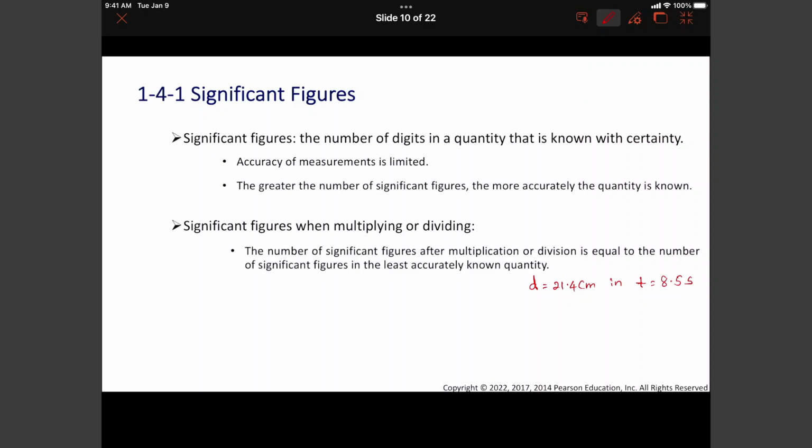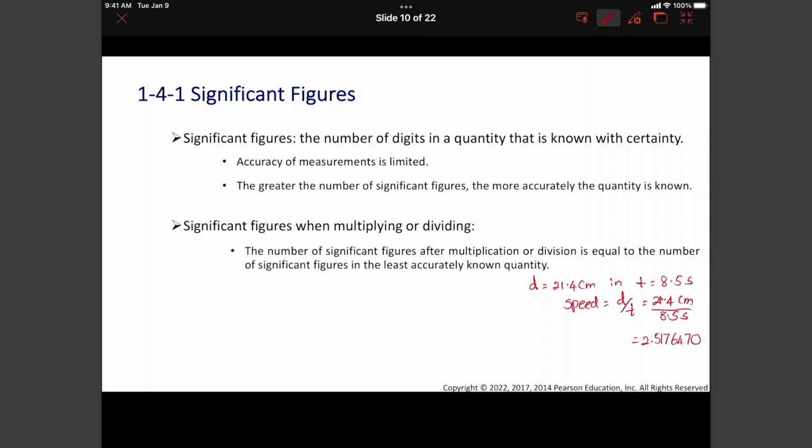So the speed is distance over time. It is 21.4 centimeter over 8.5 seconds. Or the answer is 2.51764770.